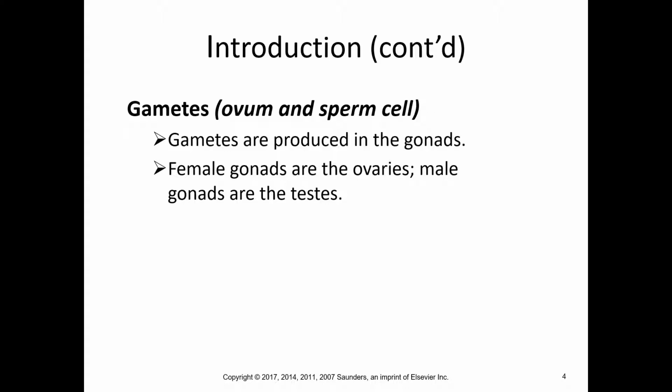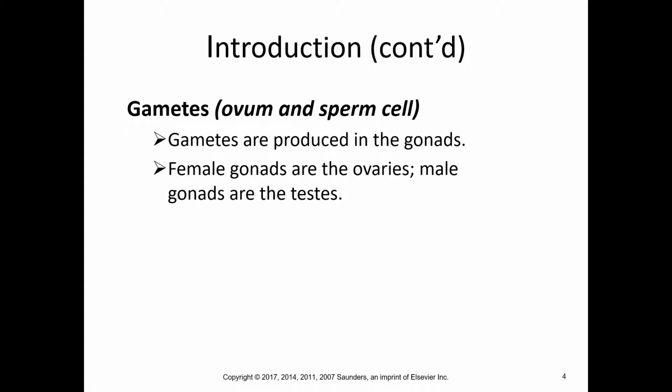The female gonads are the ovaries, the male gonads are the testes. The word gonad just refers to the organ that creates the reproductive cell, the sex cell, not any of the accessory stuff. So for females, that doesn't include fallopian tubes, uterus, cervix, vagina, labia, all those other external things.